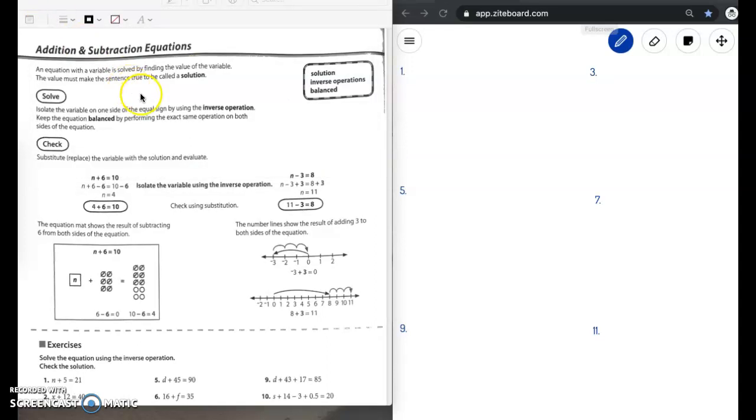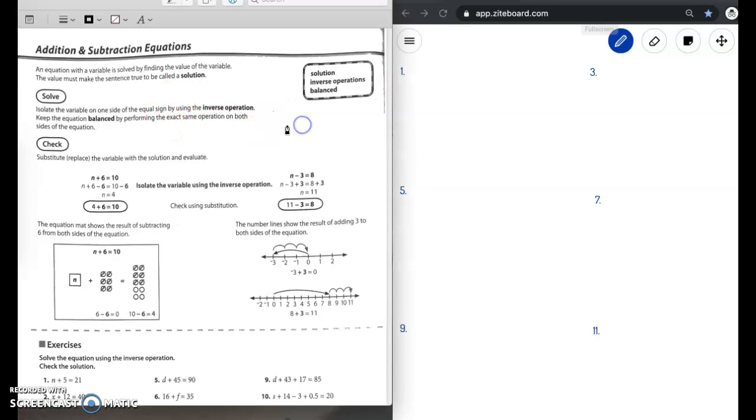So let me give you the book definition of this. First, let's read this. We know that an equation with a variable, and remember variables are these letters, is solved by finding the value of the variable. The value must make the sentence true in order to be called a solution or an answer. The first step is to solve it by isolating or separating the variable on one side of the equal sign.